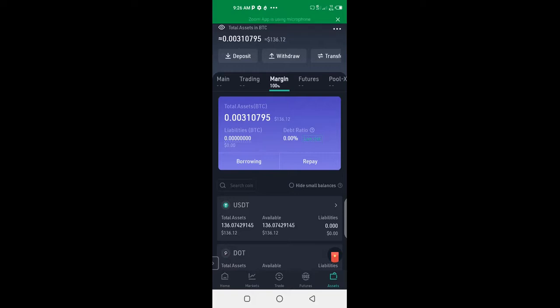Let us do 136 minus 108. Let's know how much profit we'll withdraw. Go to calculator.